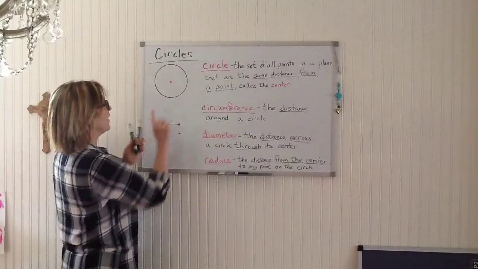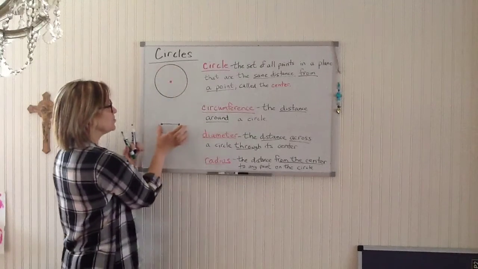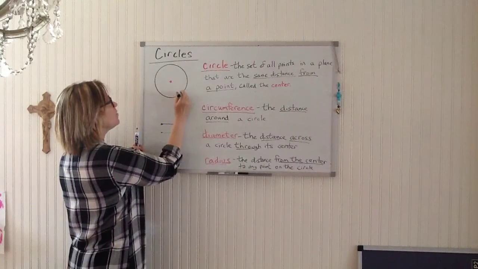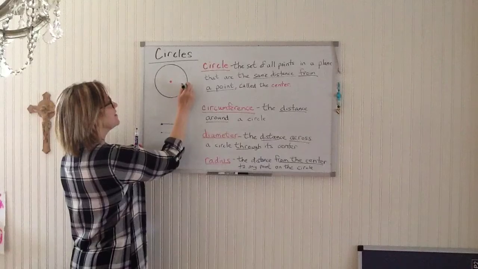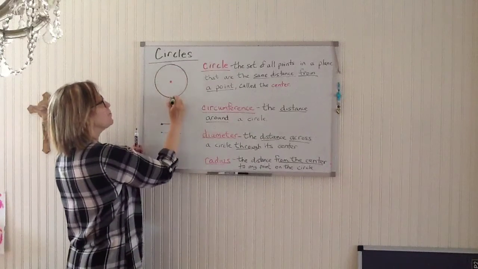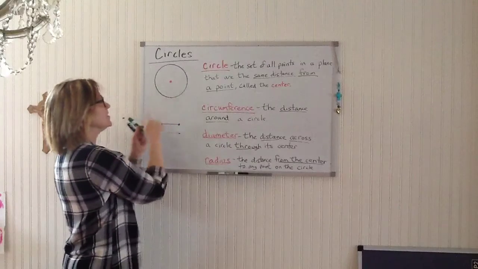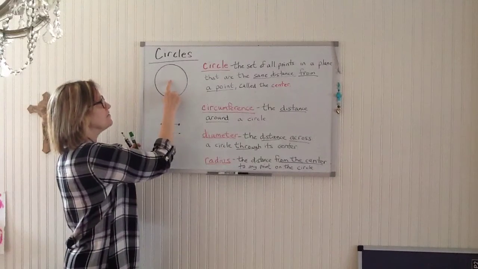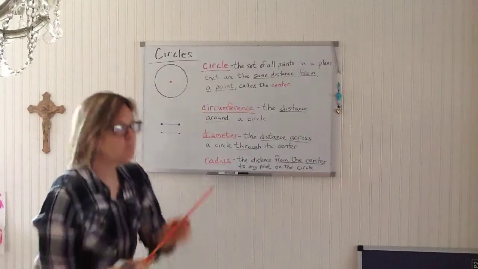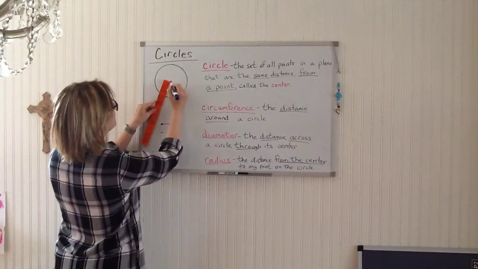So if you can imagine where this circle came from, just like a line segment, the circle came from a whole bunch of little points that have been connected together. And each one of these points is the same distance from the center. So if I drew a line, and I'm going to be very meticulous about this, I want this to be a straight line.